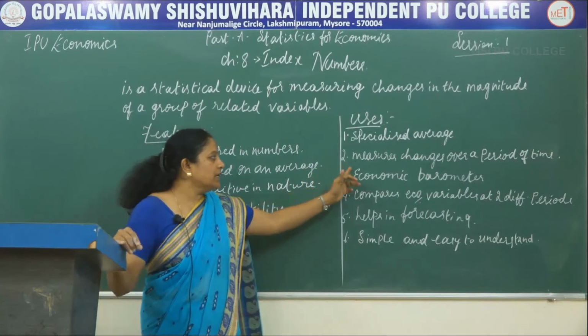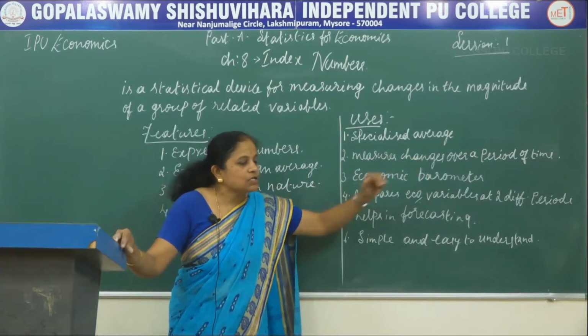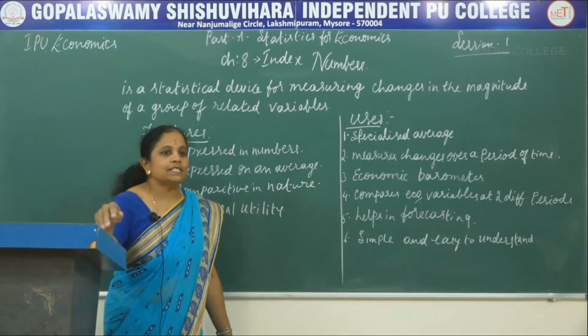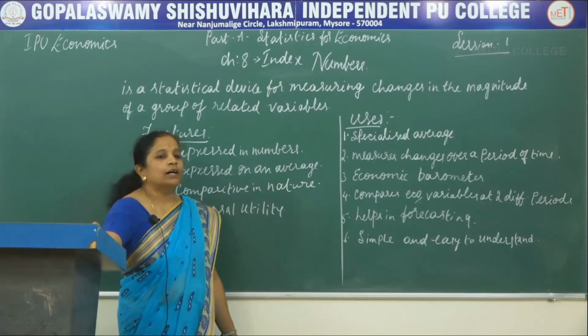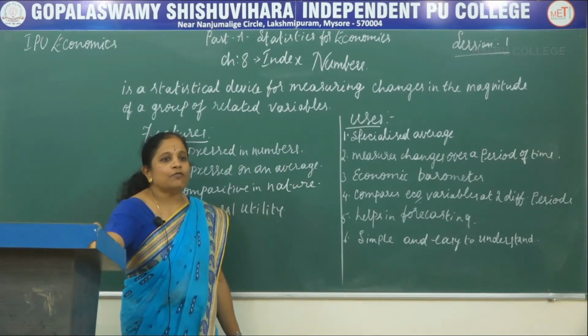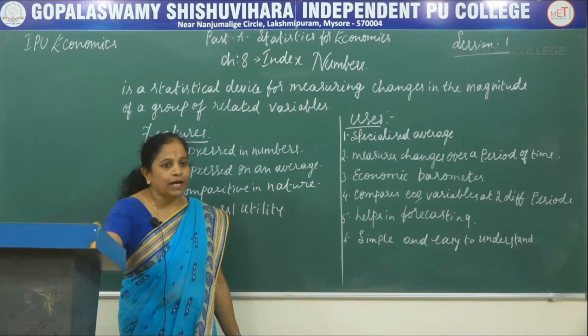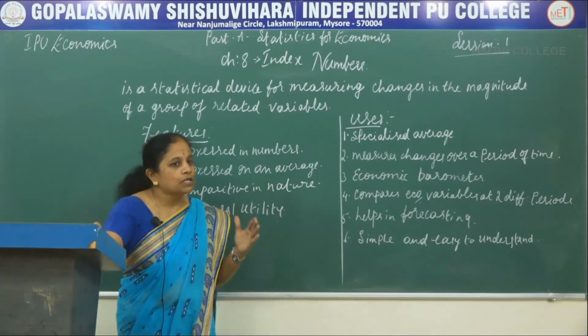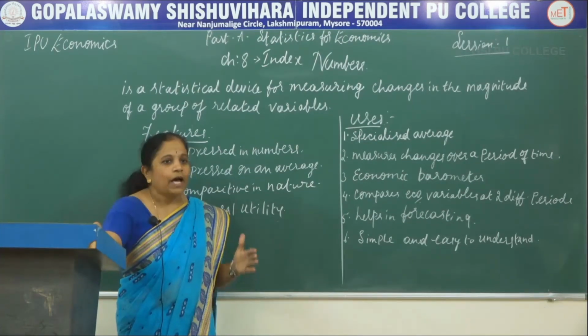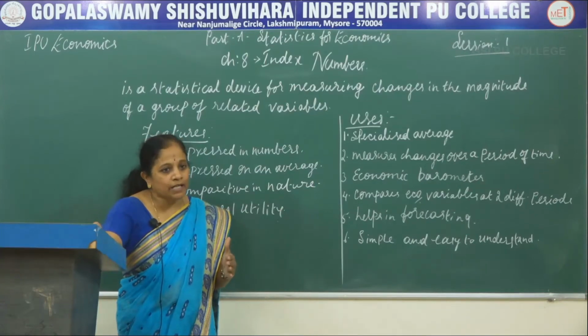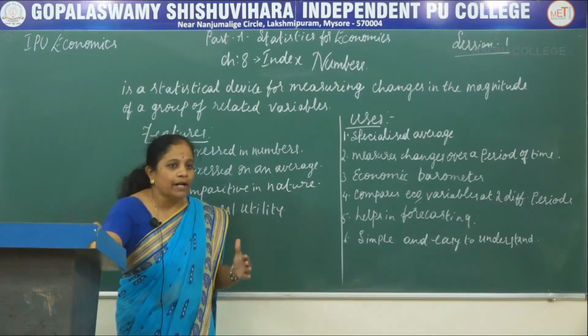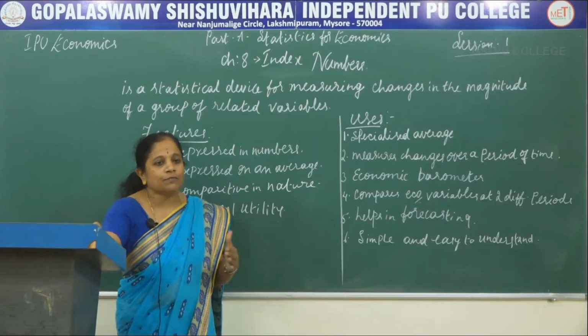The second one is that it measures the changes over a period of time. For example, we can check the increase in the rate of petrol over a period of time. Some 10 years ago, what was the price of petrol per litre and today what is the price per litre is compared, and then we analyze the causes for it.